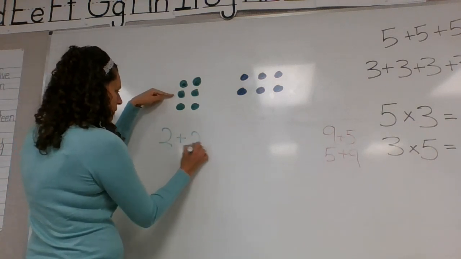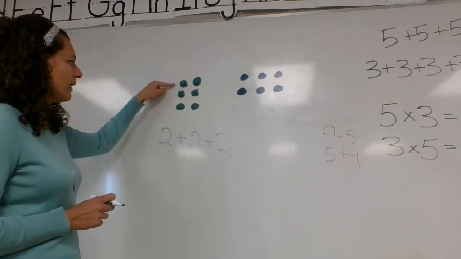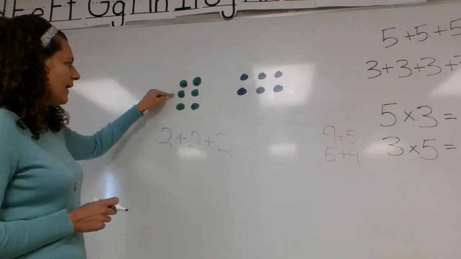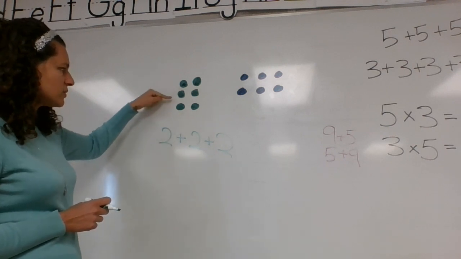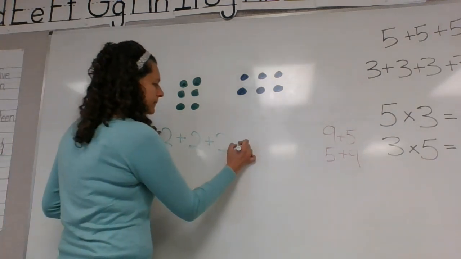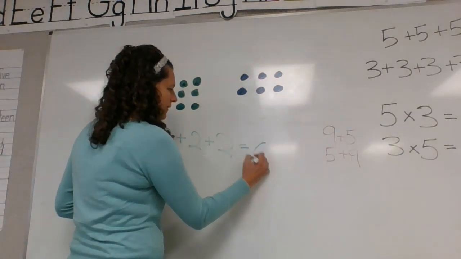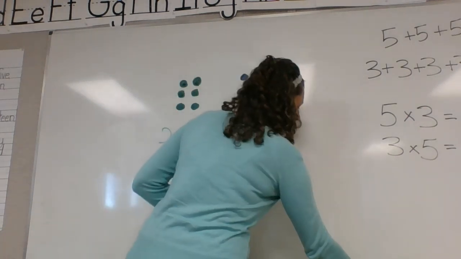So 2 plus 2 plus 2, because we're looking at how many in each row, and then we'll add it for how many rows we have. All right, class, what does that equal? Good, that equals 6.